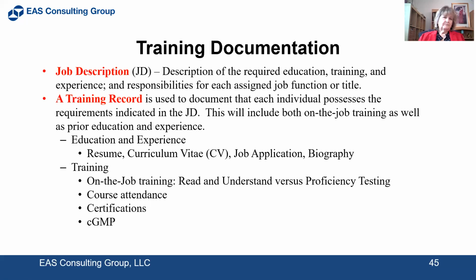So I would have proficiency testing at that point after I've read the SOP. An expert would come in and run the equipment for me, I watch, then I would run it while they watch, and then we would have some type of data after it's over that proved that I was able to do that. The other documents for training might be course attendance, any certifications that you have, and then your CGMP training.